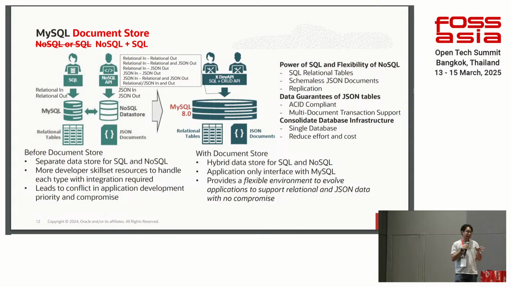For both of them, we need to have a learning curve to take care of daily operations with both databases, and they need the skill set of both technologies. In terms of MySQL, actually in version 8.0, we can integrate both of them into the MySQL database. One database technology can be a hybrid technology to store data between relational and NoSQL applications.